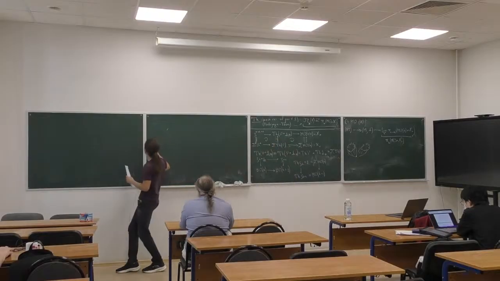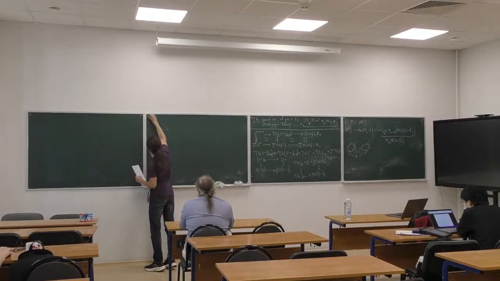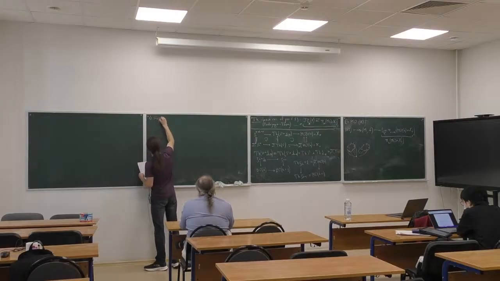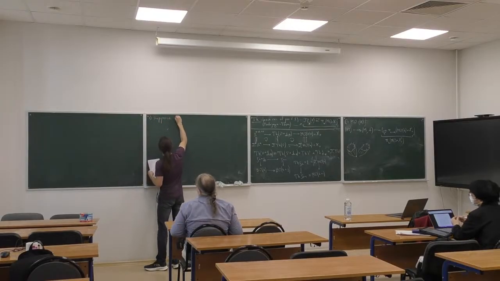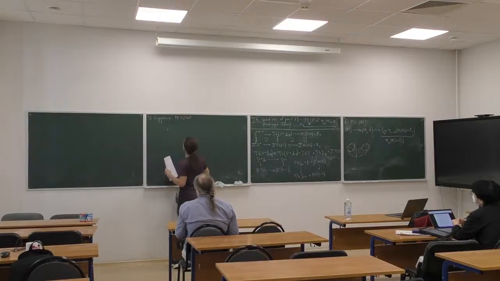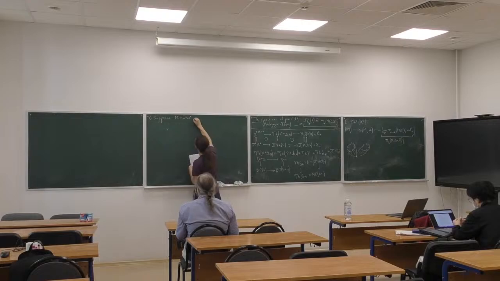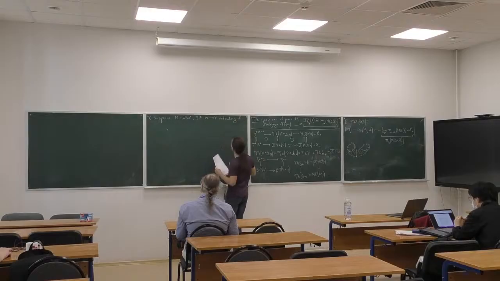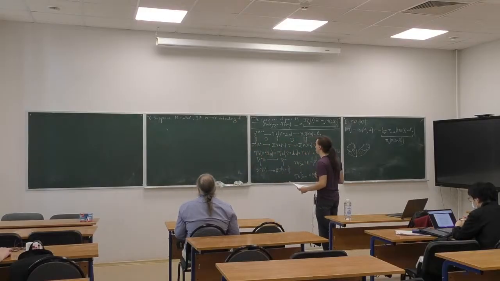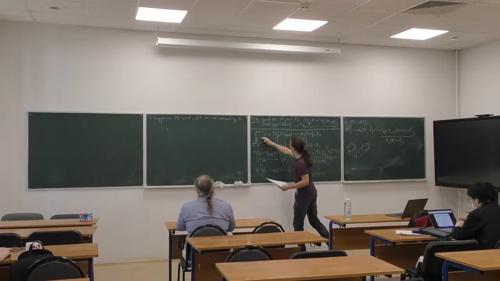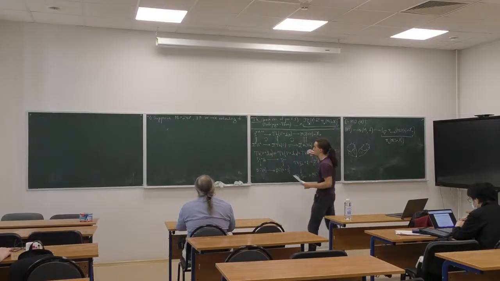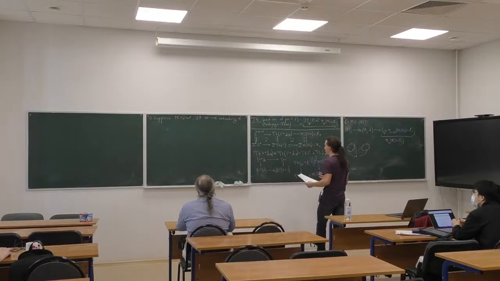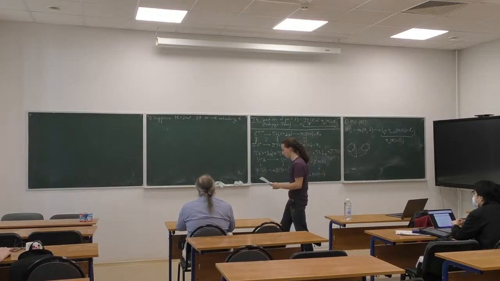So first, suppose M is actually the boundary of another manifold, and there exists the map F extending F, right? We have to prove that in this case, after going through this sequence of maps, we get 0 in the end. We get the 0 element of the homotopy group.